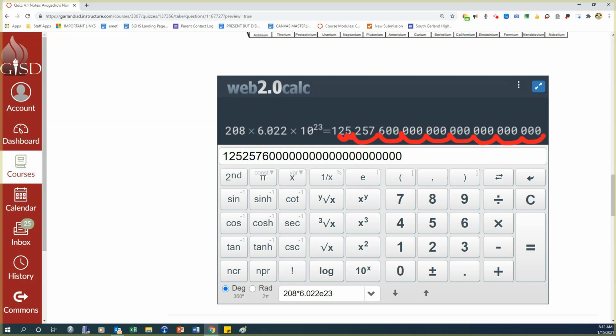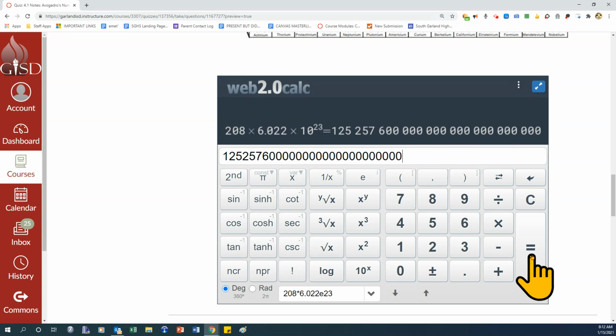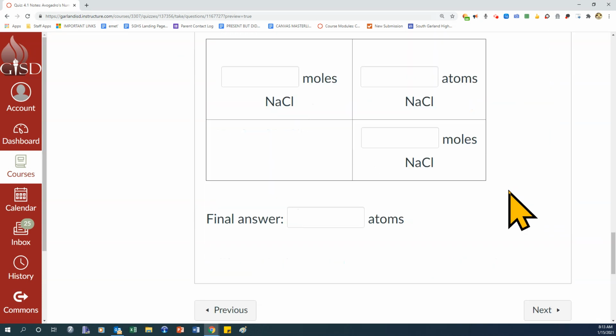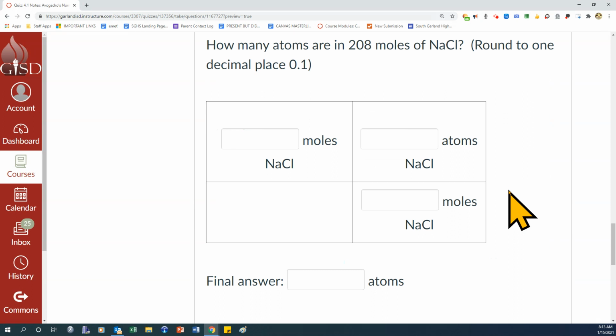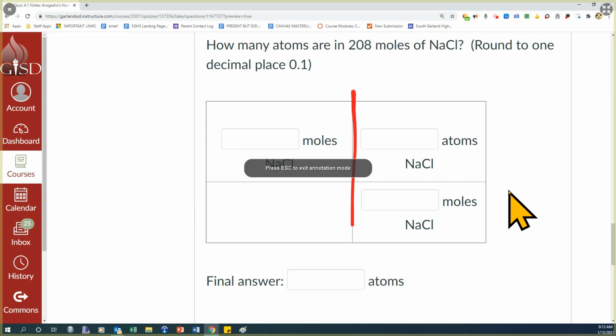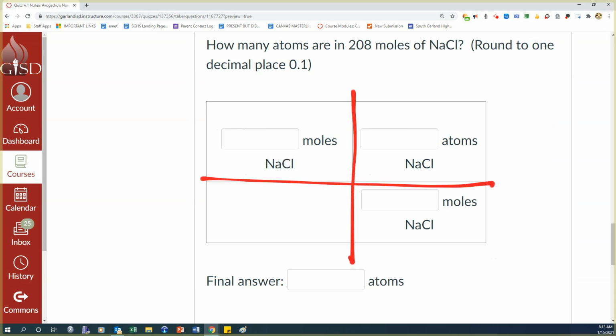Oh, I was wrong. It's 26. All right. So this will become 1.3, and I erased it again. So the final answer is 1.3 times 10 to the 26th power atoms of NaCl.